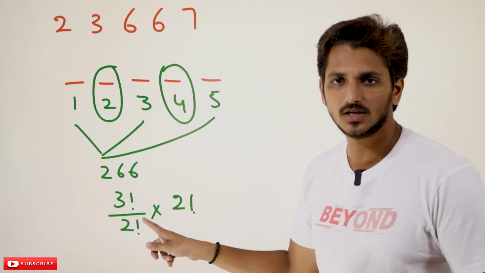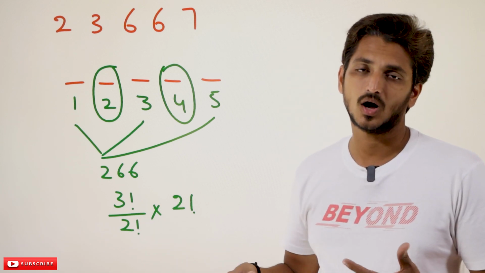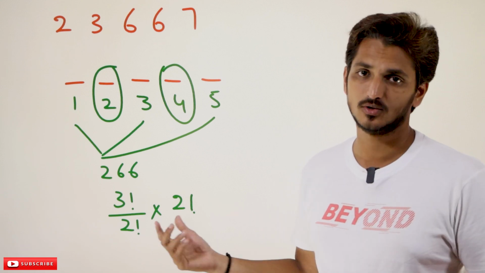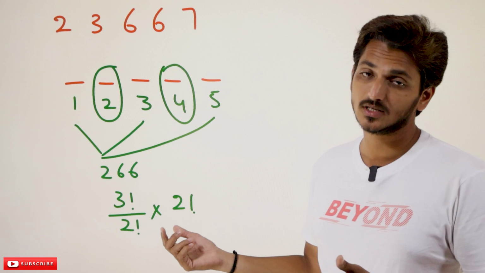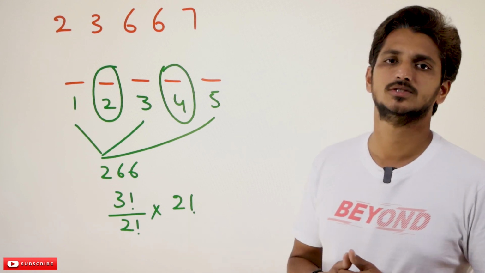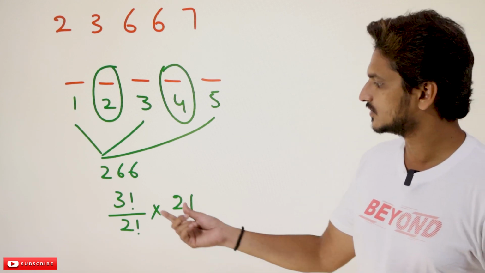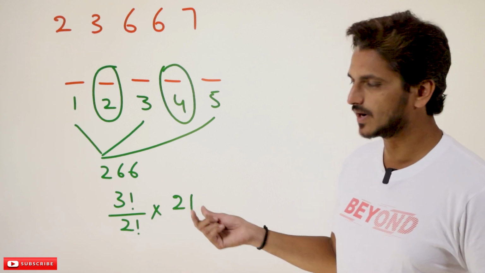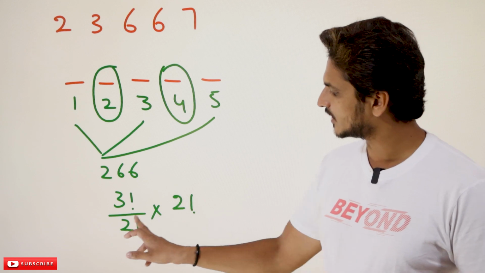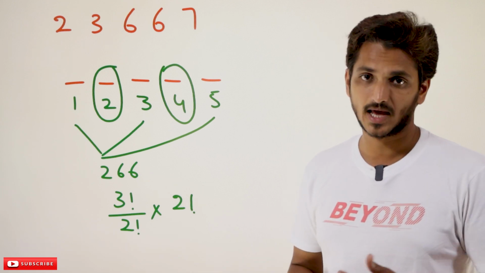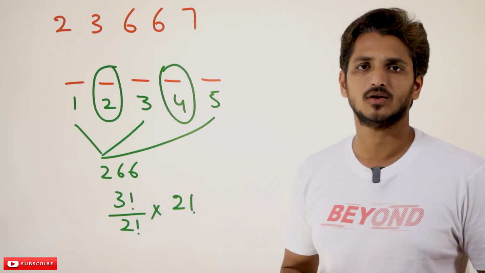Why multiplication here? I hope you already know why we are using multiplication here. This is the basic thing we discussed in our first class of permutations and combinations. So 3 factorial by 2 factorial multiplied by 2 factorial is the total number of possibilities. You can cancel 2 factorial, and the final answer is 3 factorial.